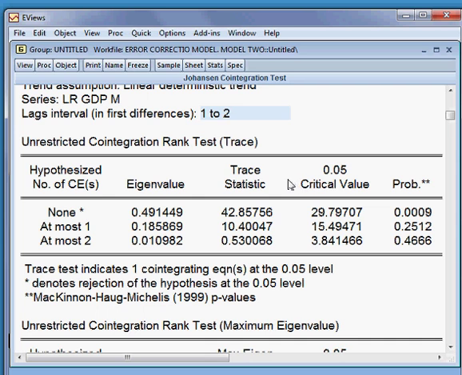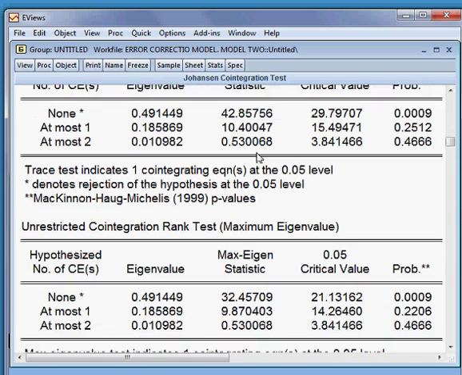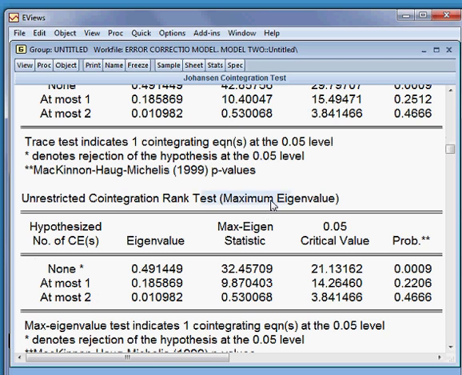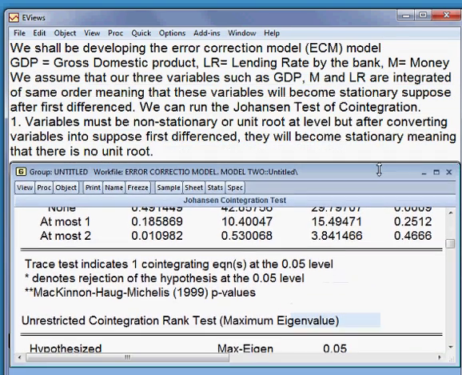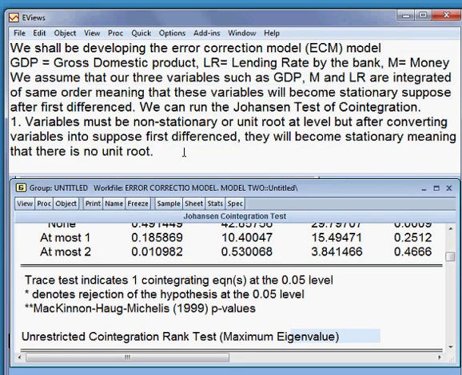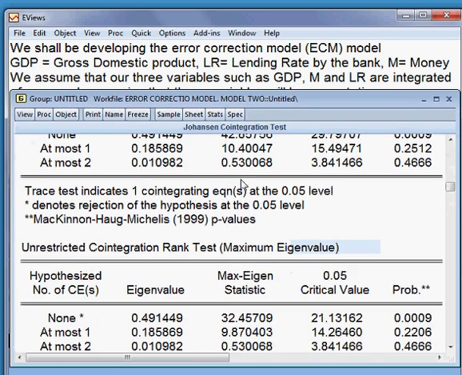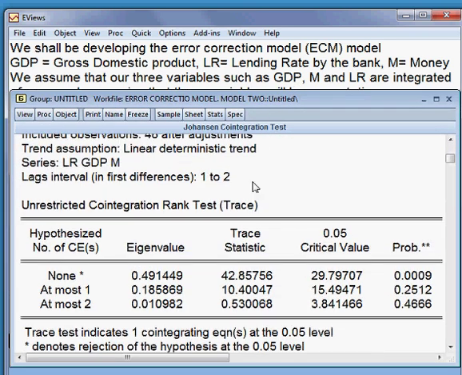Here we have two tests: one is trace statistics and one is maximum eigenvalue test. Out of the two tests, first I check trace statistics.